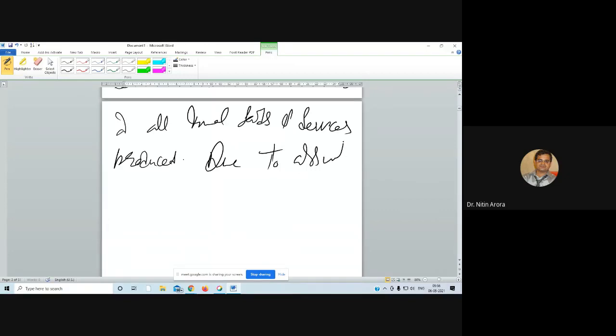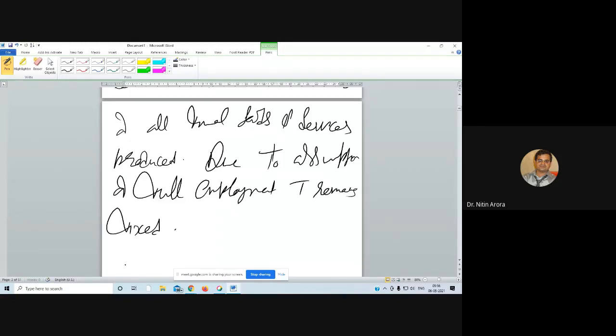Due to the assumption of full employment, T remains fixed. It cannot be increased because the economy is already operating at full employment. When you are operating at 100% of capacity, you can't increase the level of output. This is the assumption that T remains fixed at a given point of time.